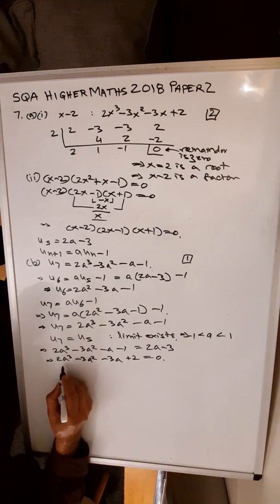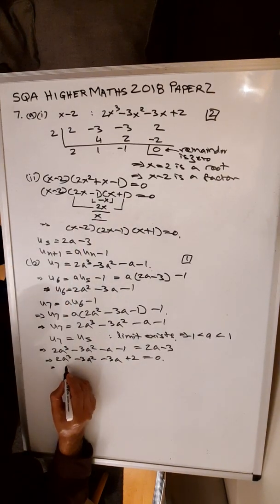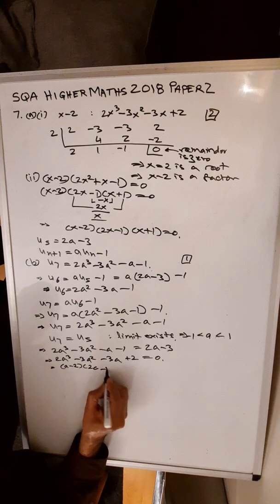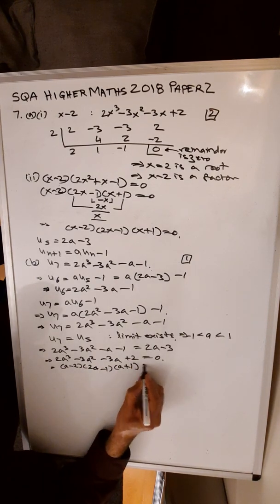You already factorized that. This factorized to, just replacing the x by a, a minus 2 times 2a minus 1 times a plus 1 equals 0.